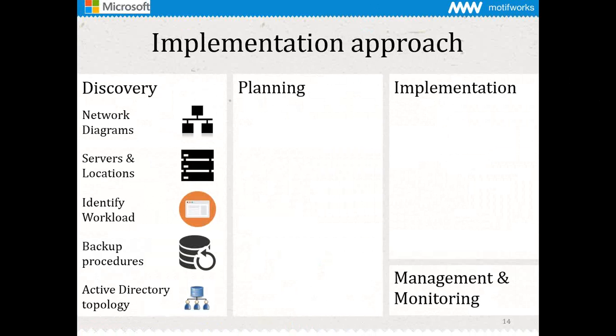Identify the workloads and applications that are going to be migrated to the cloud. Get a list of targeted applications, the operating system and CPU requirements, and so on. Then backup and disaster recovery process. Understand how the workloads are backed up currently. How are they performed? How are they configured? What is the data retention policy?